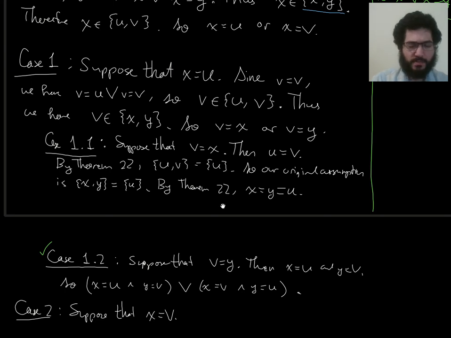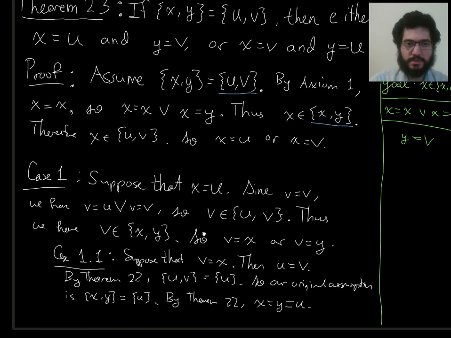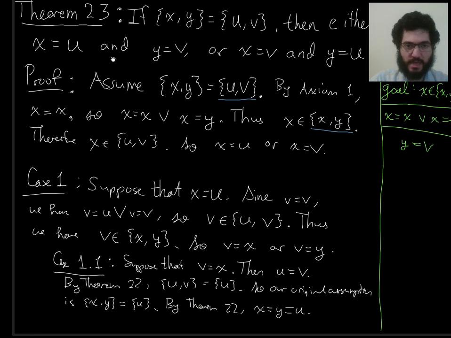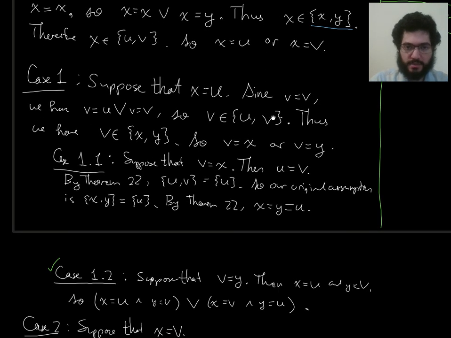So how does this help? My goal is to prove that y equals v, right? But I'm in a subcase where x is v, and I've proven that y is x. So if y is x and x is v, then we have y is v, and so we're finished. So let me write that in an order that shows exactly why it's true.